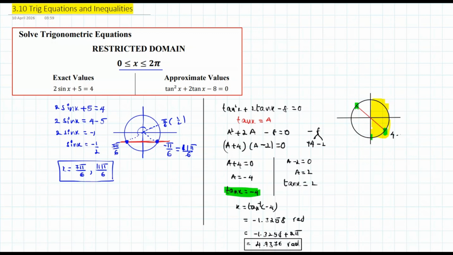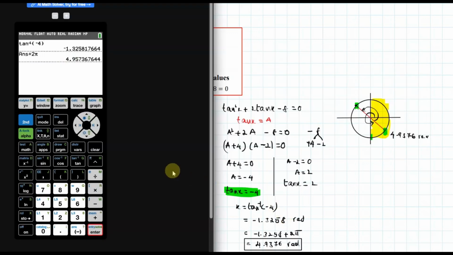So this is 4.9376 radians, this angle, and we also have this other angle, right? This angle can be obtained by adding pi to this negative angle. So what is the negative angle we have? -1.3258.